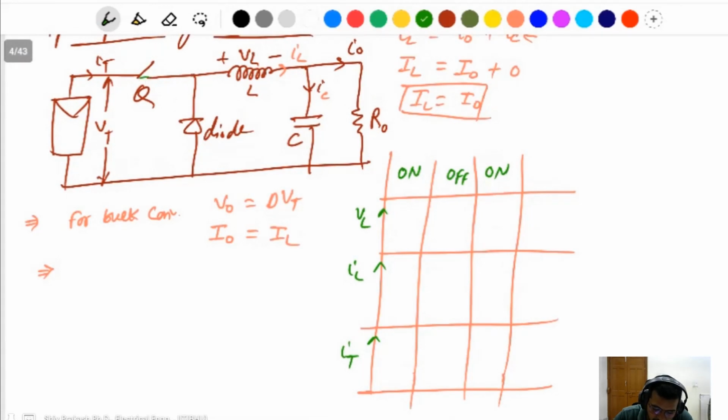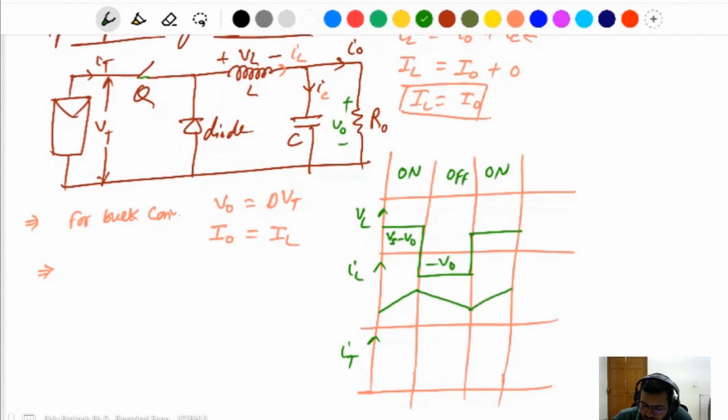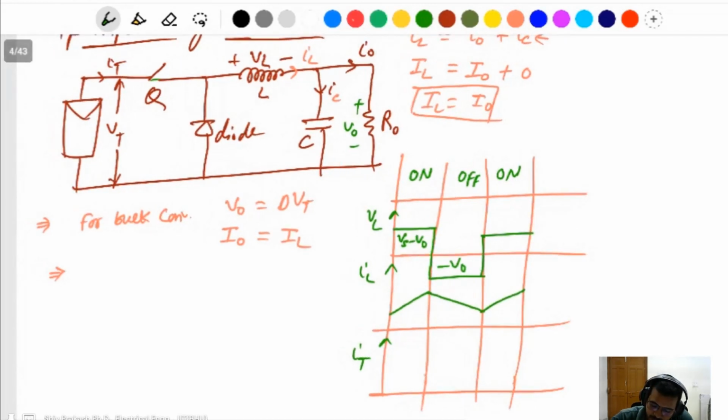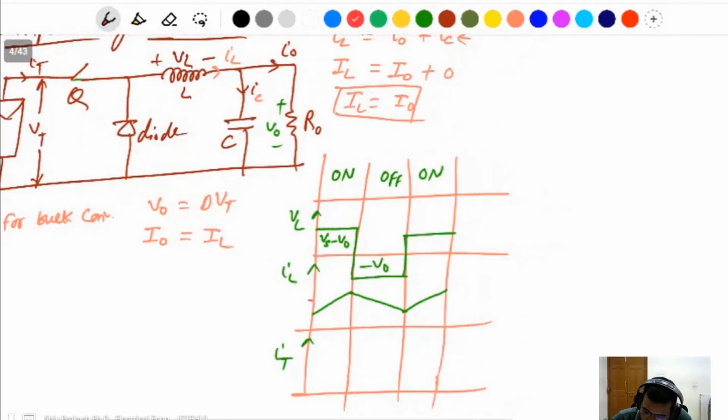If the switch is on, then Vs minus V naught appears on the inductor, and if the switch is off, then minus V naught appears. IL, if the switch is on, then the current will increase. After that, if the switch is off, this will decrease.